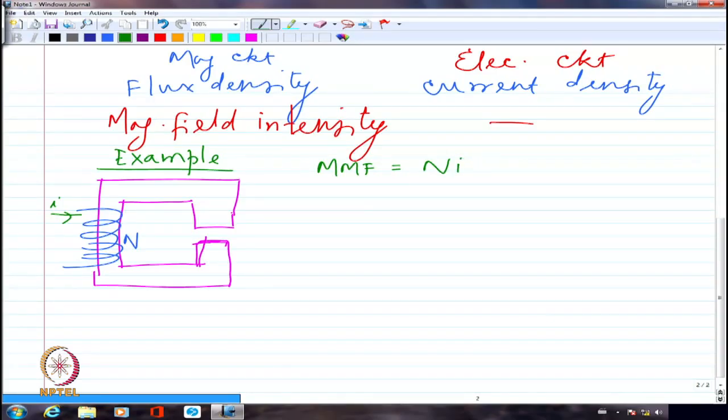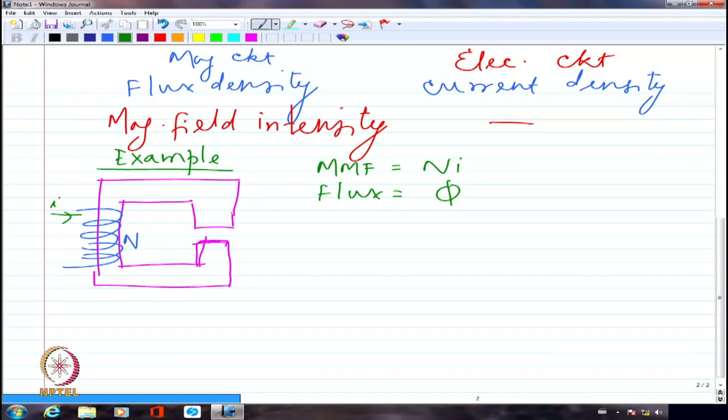If I try to look at what is the flux established, I am assuming that whatever is established is going to confine itself as much as possible to the core if it is a ferromagnetic core. Because air is not going to have as much permeability as the ferromagnetic core. In fact, there will be a ratio of almost 4,000 or 3,500 compared to the permeability of air.